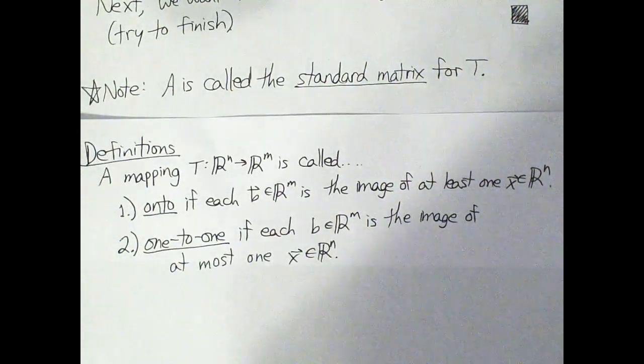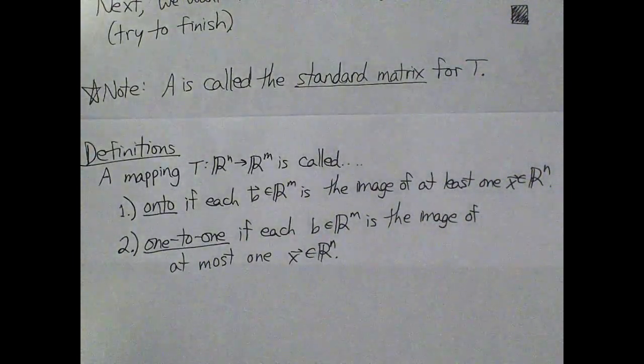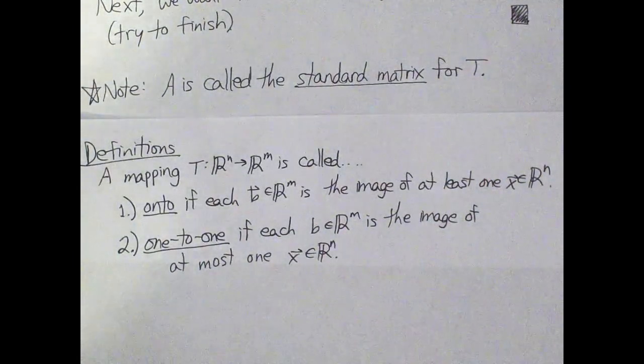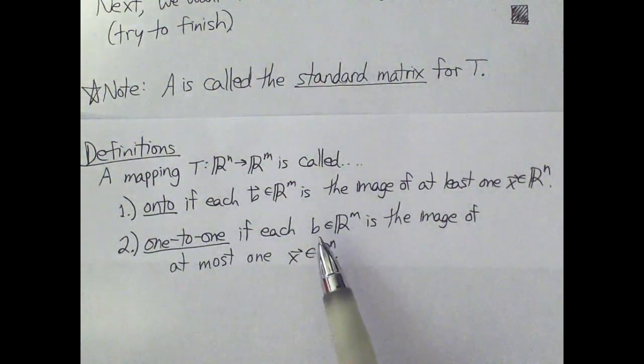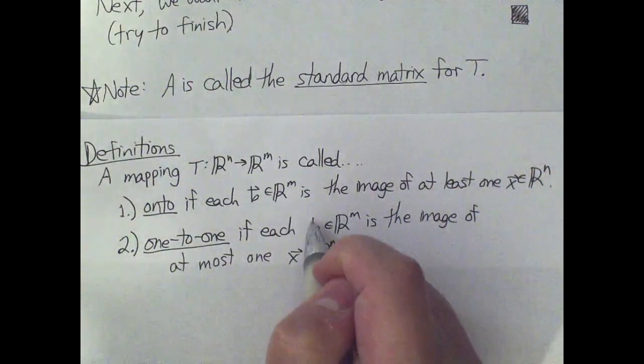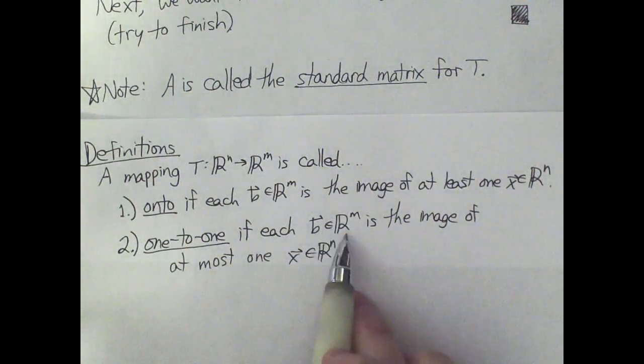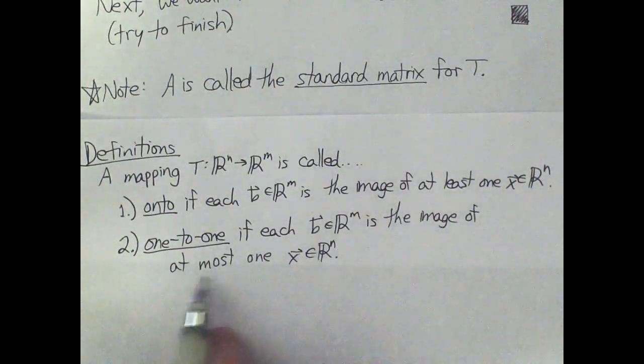Now in previous classes, you've probably seen these terms just in regard to functions on real numbers, like a function from the reals to the reals. And you might have seen a slightly different definition for onto and one-to-one, but if you really think about it, it is equivalent to what we're doing here. We're phrasing it differently, but we're saying that each vector B from Rm is the image of at most one.